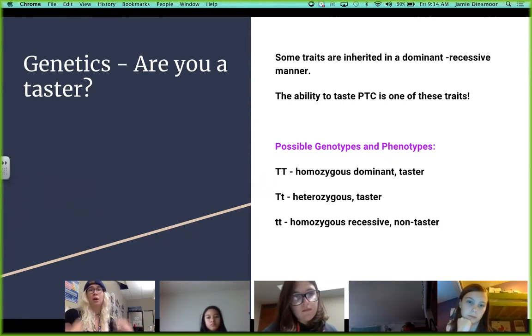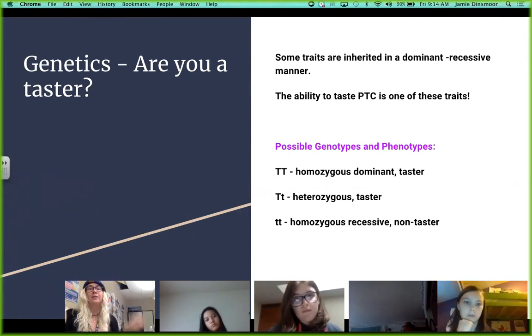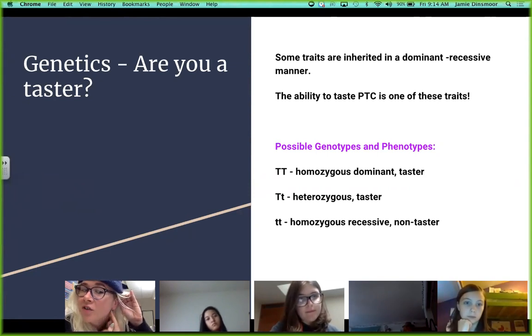Right now, there are some dominant and recessive traits that are super easy to see, right? Widow's peak, when your hairline actually peaks down. I don't have a widow's peak, so my hairline is straight here, right? If you have that peak, that's a dominant trait. My earlobes are attached to my head, right? There's no little space in between.